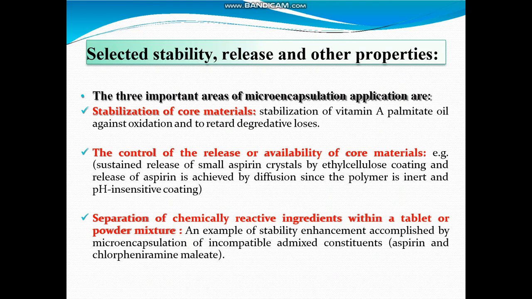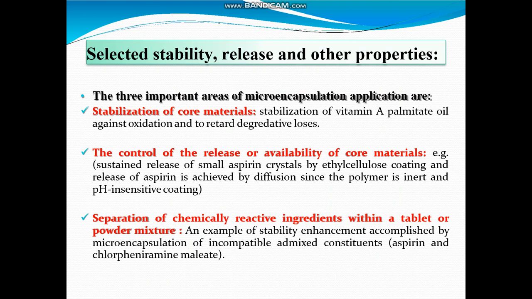The second one is the control of the release or availability of the core material. For example, the sustained release of small aspirin crystals by ethyl cellulose coating, where the release of aspirin is achieved by diffusion since the polymer is inert and a pH insensitive coating.